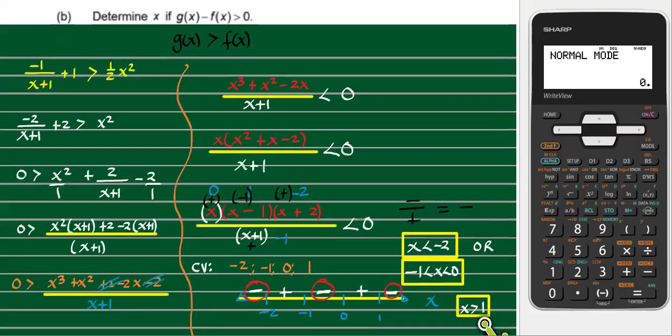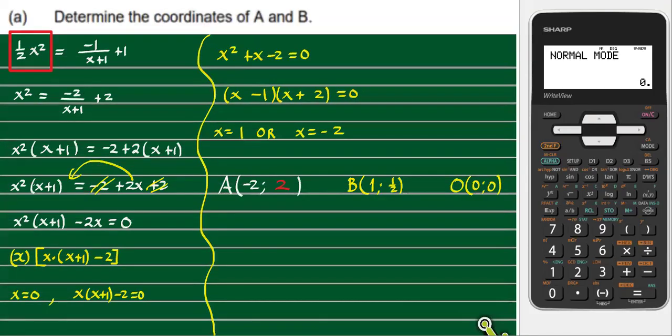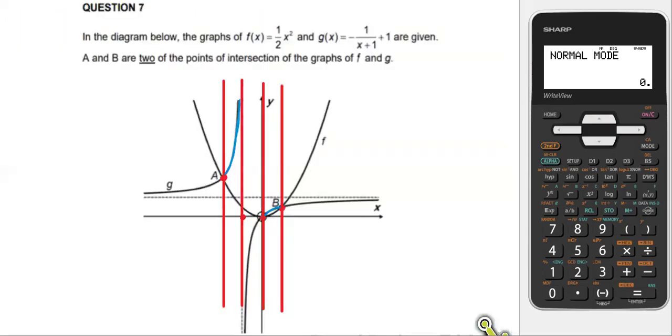Because this one here, I think by 1 it was -2. We had -2 there, and then by the asymptote, because it's vertical, that is -1. It's by -1. So the first one, I'm going to write -2 less than x, less than -1.